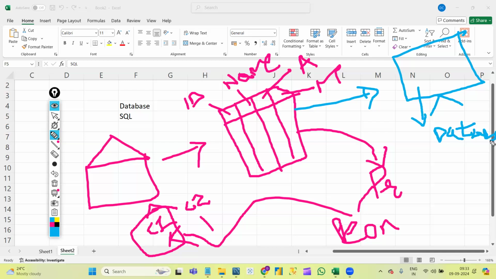If they store the data in the form of databases, instead of registers, they are storing the data in the databases. Inside the databases, they will create tables, and inside the tables, they will store the data.